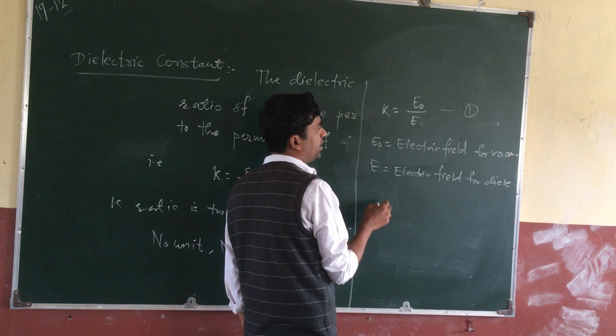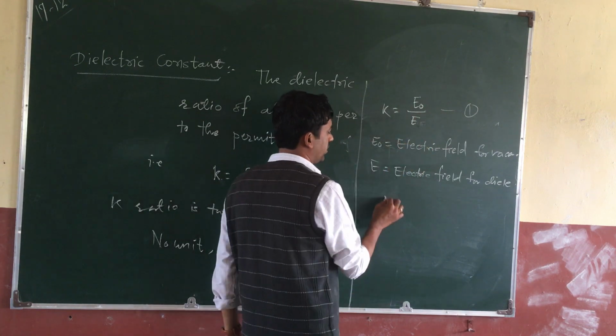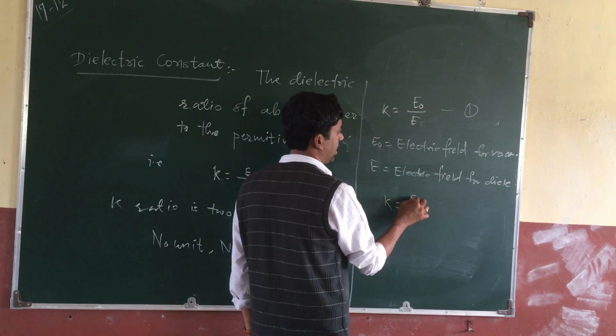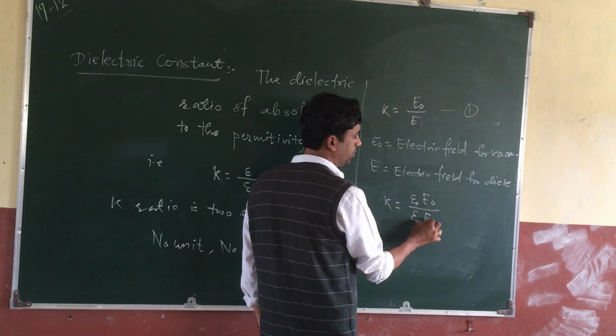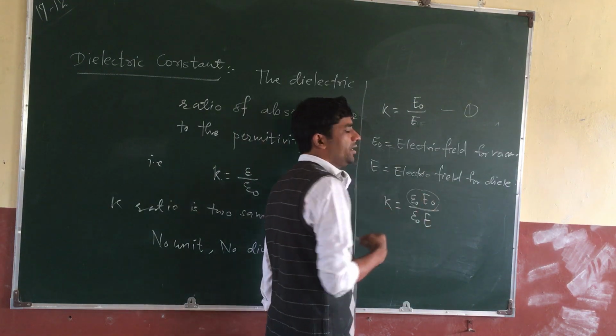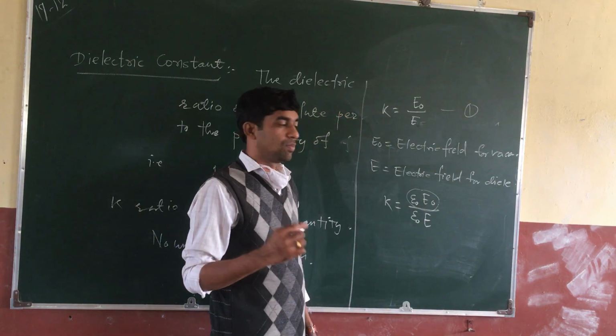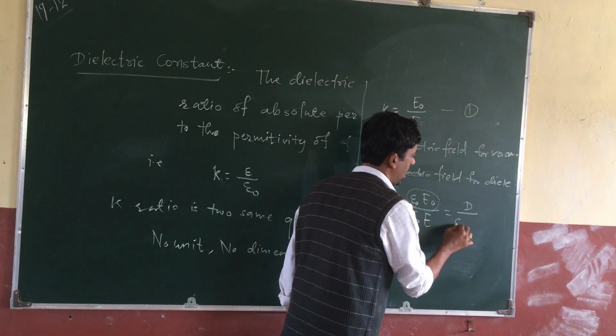If I multiply and divide by epsilon naught in the numerator and denominator, K can be written as epsilon naught into E naught over epsilon naught into E. This quantity in the numerator is known as the electric displacement vector, so this is D divided by epsilon naught into E.